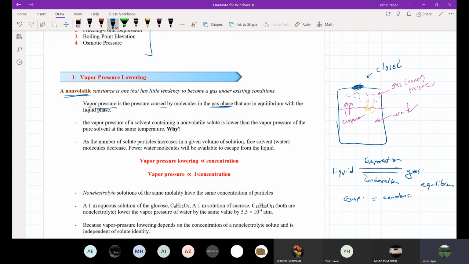Then this pressure present here, what do we call this pressure? We call it vapor pressure. So the amount of pressure produced by evaporation of a liquid, which produces some amount of gas and applies some pressure, we call it vapor pressure.